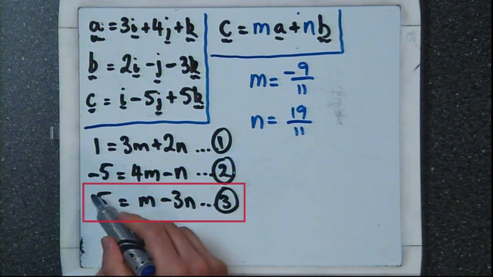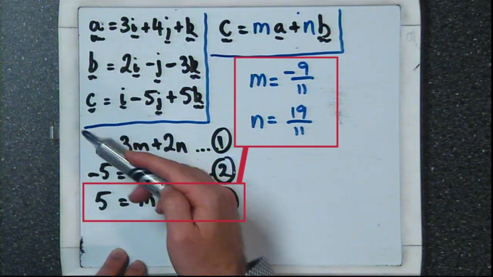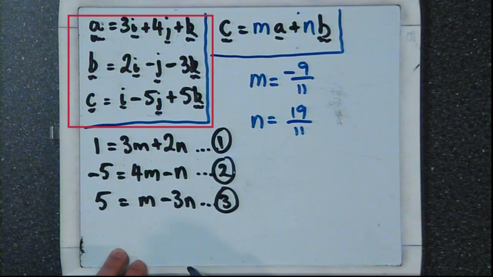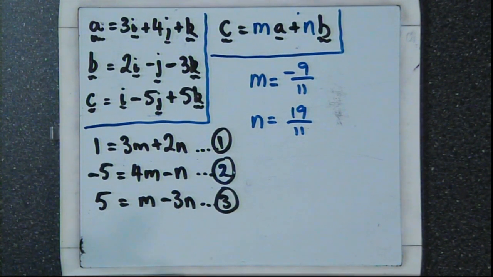If this equation is satisfied by m and n, then these vectors are linearly dependent. If not, then we've found a contradiction and they must be linearly independent. So we'll sub in the values for m and n and see if it equals 5.